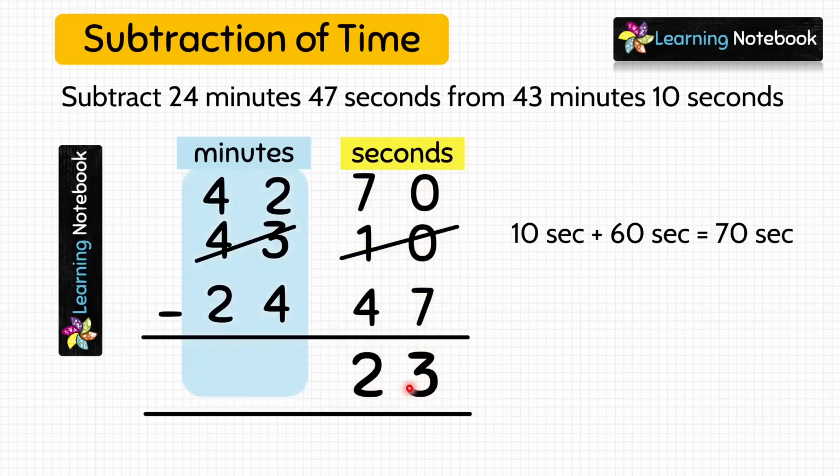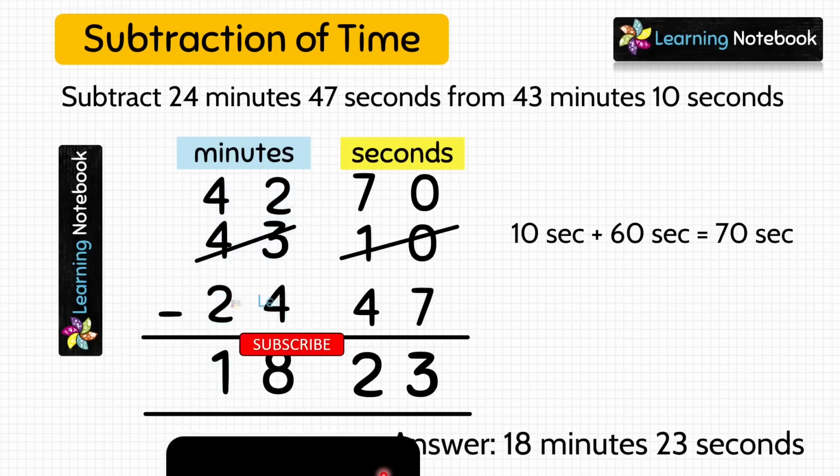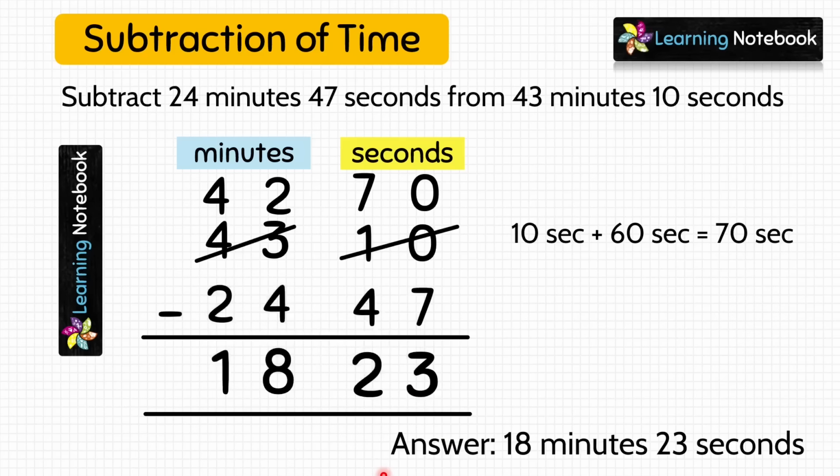Now we will subtract the minutes column. 42 minus 24 minutes equals 18 minutes. So the answer is 18 minutes 23 seconds. Students, now I am sure we have understood subtraction as well as addition of time.